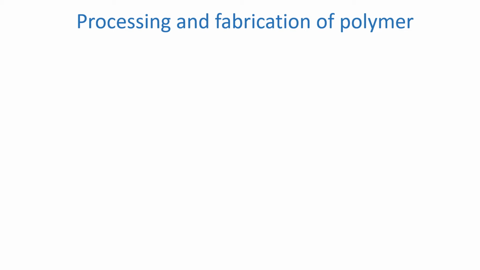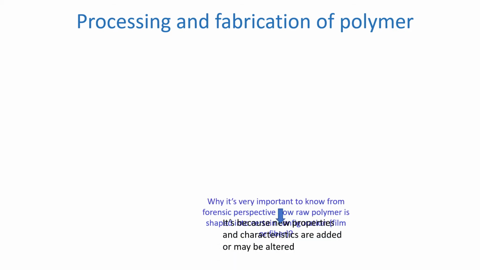The first thing that we do is to see the evidence of color under the microscope, especially if it involves pigments. So the same thing here. Before we go further and analyze chemically for the polymers, we see what the structure of the polymer is at that time. In order to do that, we have to understand how polymer is processed and fabricated.